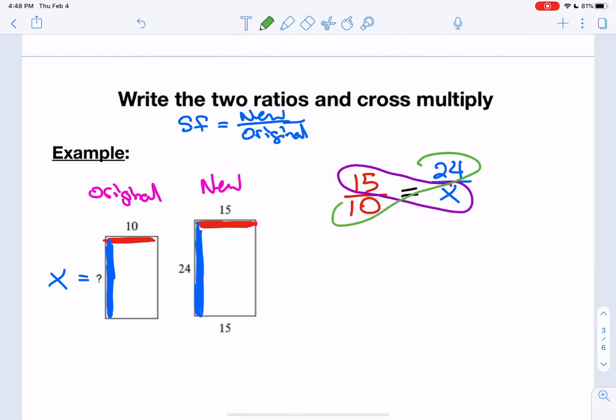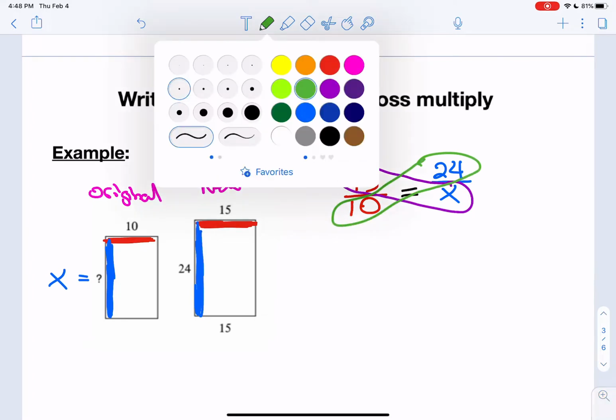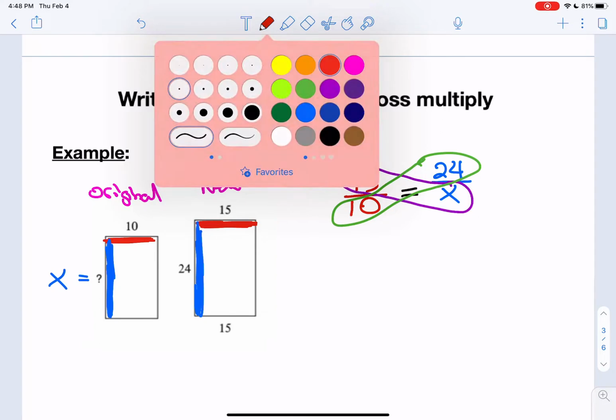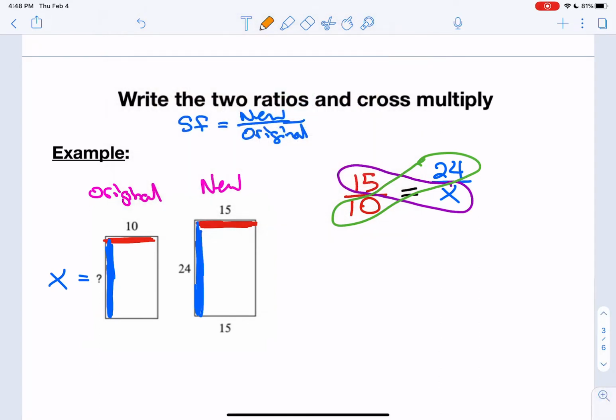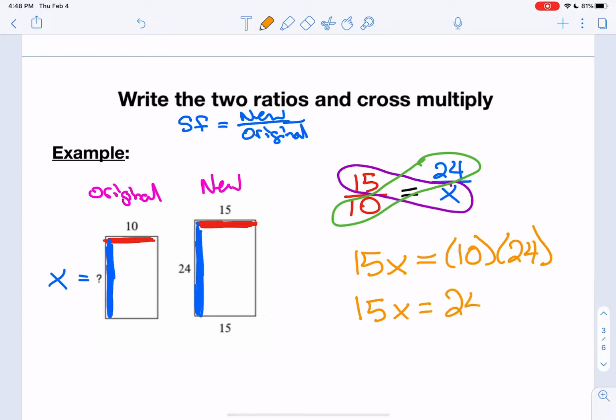So that means the x times 15 and the 10 times 24. Oops. So let's go ahead and I'll choose orange. So 15 times x, we can write it just as 15x. We're going to keep the equal sign in the middle, and then we have 10 times 24. 15x is just 15x. 10 times 24 is 240.